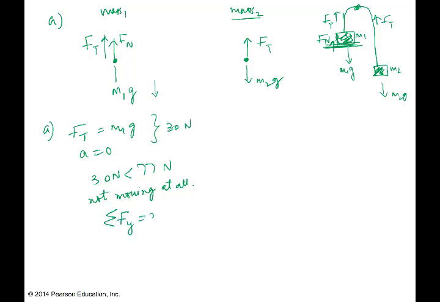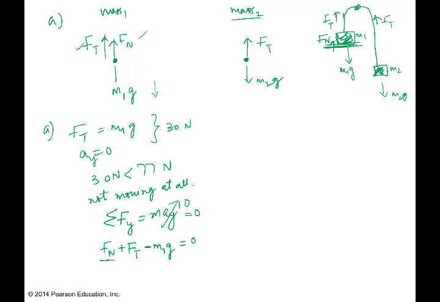Fy is equivalent to m times acceleration in the y direction, but we already know there's no acceleration, so we treat it as 0 and write it equivalent to 0. Okay, so now what are the net forces? All upward forces positive. There are 3 upward forces: Fn, there is tension force, but m1g is in the downward direction, equivalent to 0.